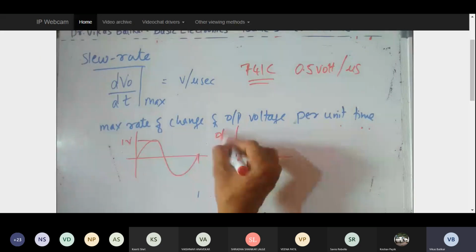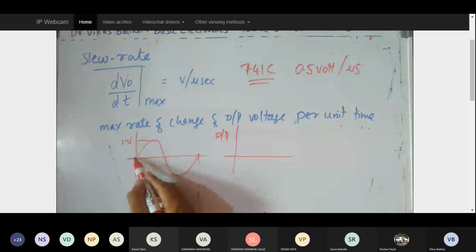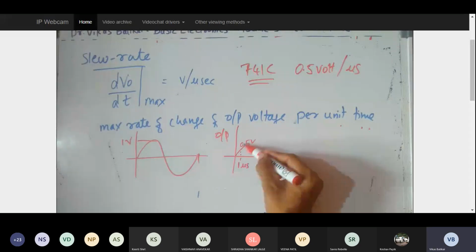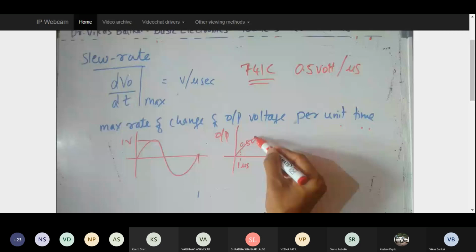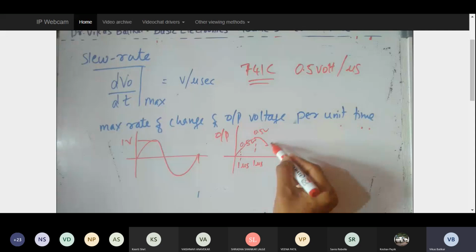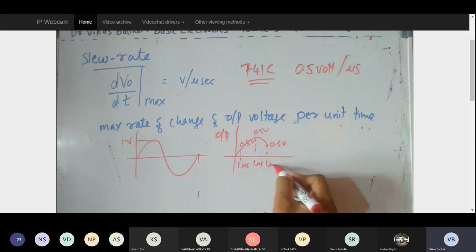So when it rises here, this will be 0.5 volt and the time will be 1 microsecond. And when the next 0.5 volt comes, again it takes the next microsecond. So again the next 0.5 volt comes, and the next microsecond, and one more 0.5 volt change takes 1 microsecond.